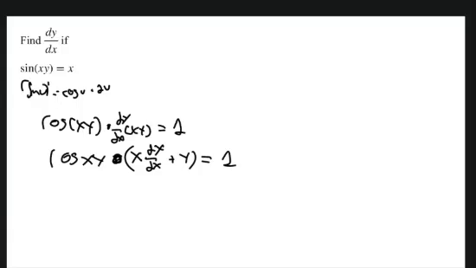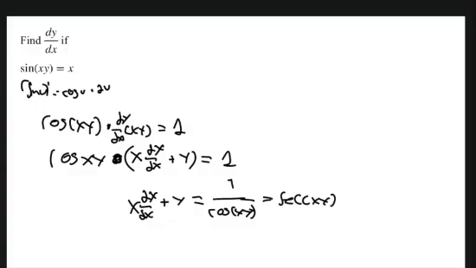Now let's solve for dy/dx. First, divide both sides by cosine xy. And then we know that 1 over cosine xy would just become secant xy.